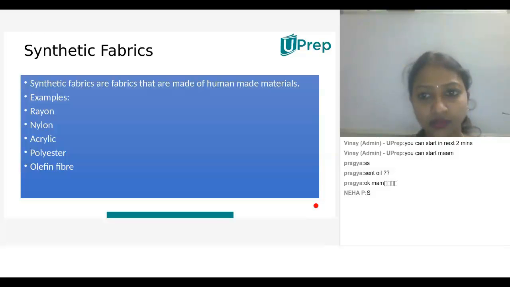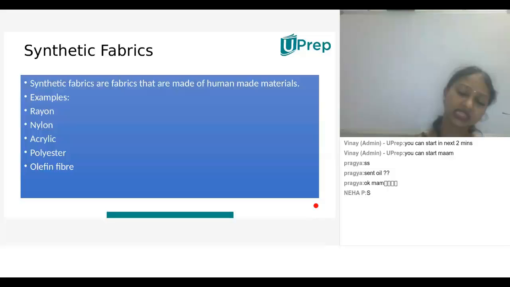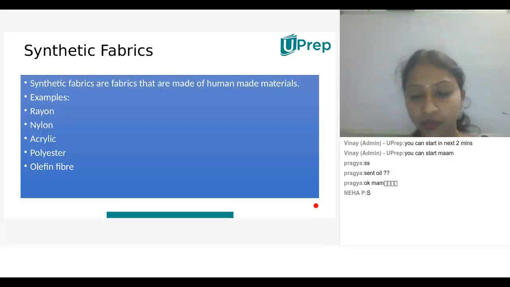Yes, definitely. So the wrinkle resistance property is very helpful. Within less time after drying, easily we can wear the material, so no need to maintain much.